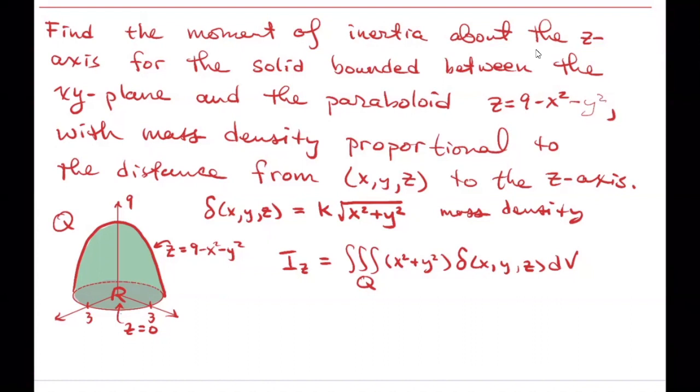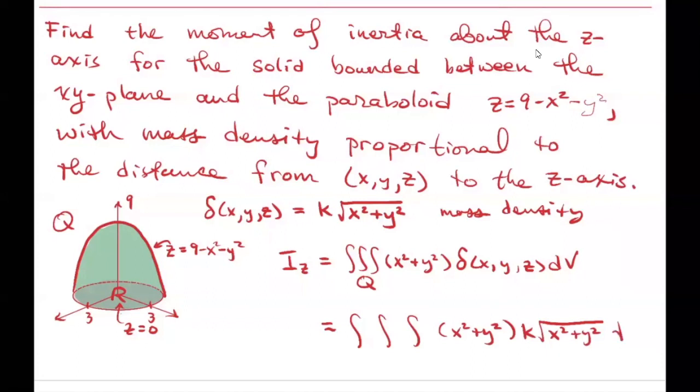Okay, so let's go ahead and start figuring out what this thing has to look like. So we have this triple integral, and we can put in our x squared plus y squared here. And then the delta is going to be k times the square root of x squared plus y squared.